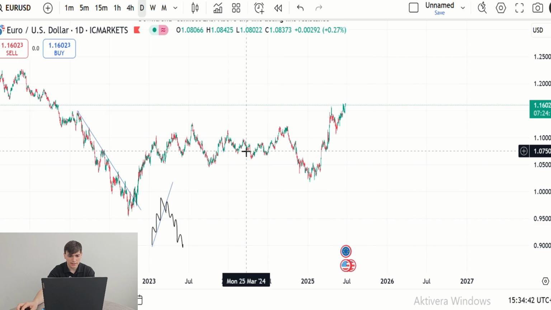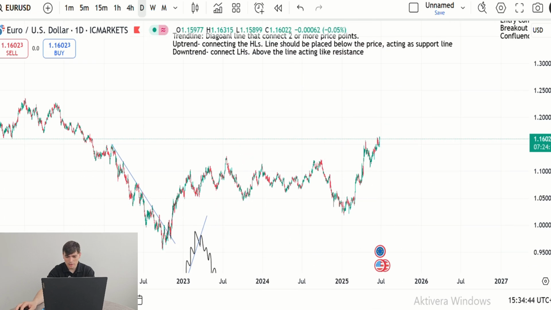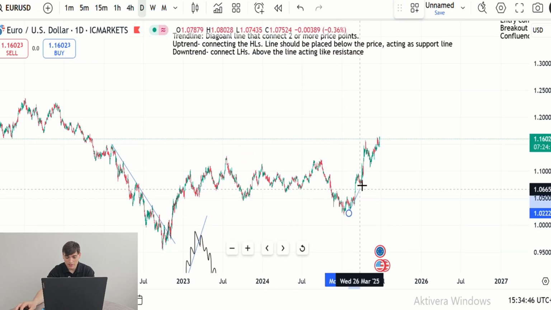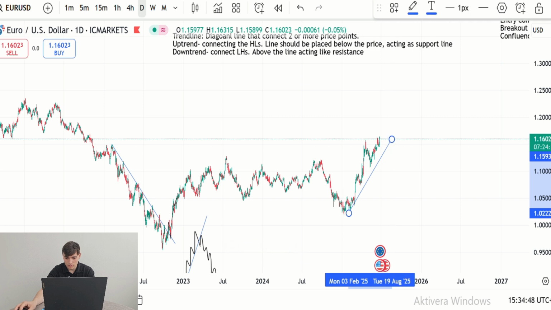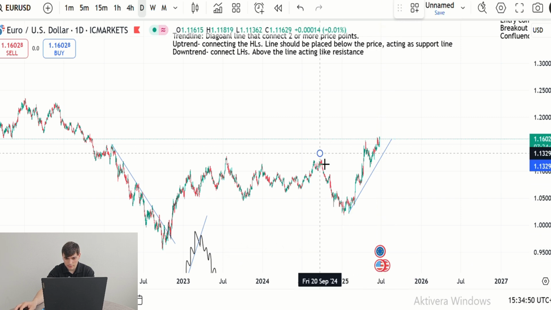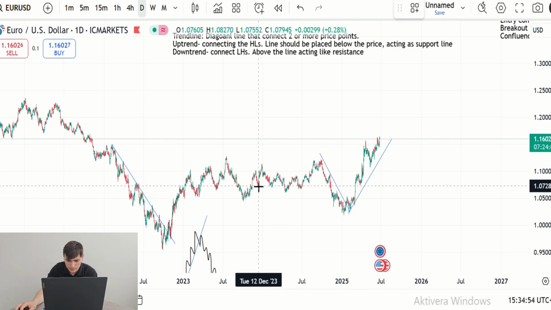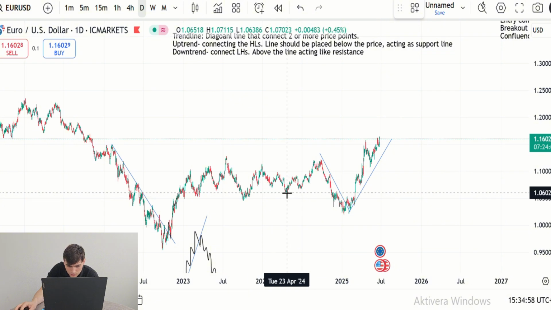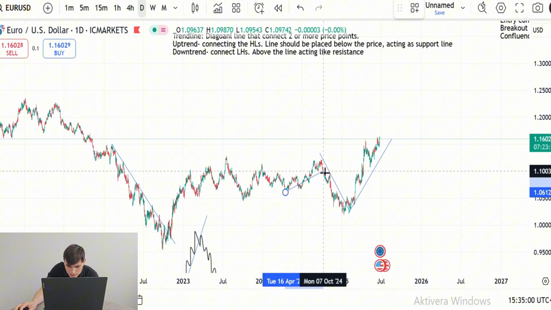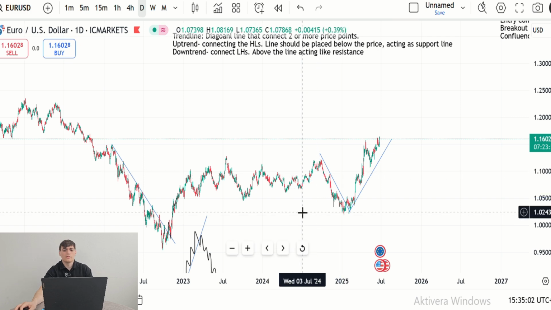It must be a clear setup. Otherwise, you're just going to have the chart full of lines everywhere, and you're going to get confused. If it's not clear, like here, where it's kind of consolidating, you're not going to put an uptrend line here because it's not clear, right? So only if it's really clear, use the trend line.